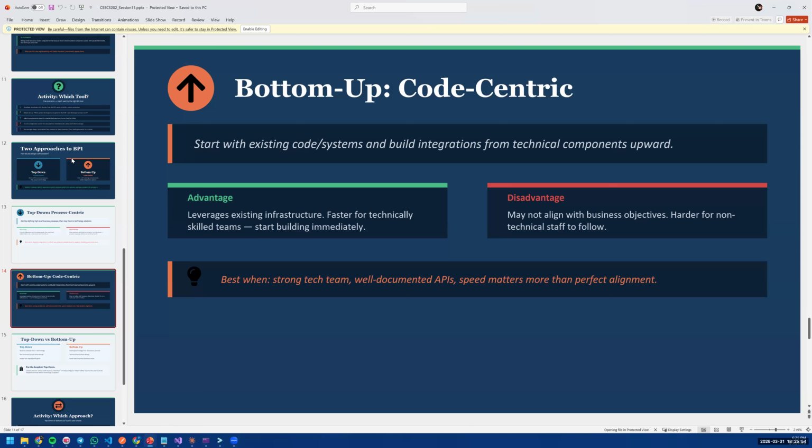They said, since they already have this system here and this server here and this API here, they should be able to connect these systems in such a way that it gives the stakeholders the value that they want. So they start doing that, and at the end of the integration process, they hand over to the non-technical people. They weren't ever consulted, because the technical team assumed that they wanted to build out the process this way.